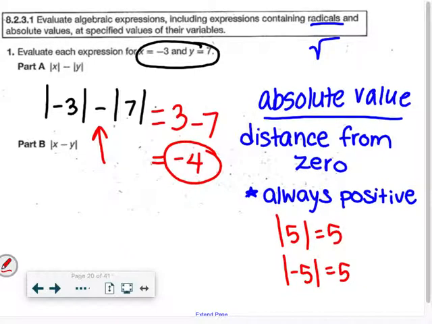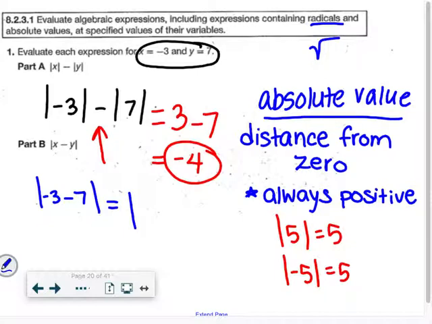So that's our answer. On part B, you may notice that it's one expression in absolute value bars, and that expression is x minus y. So if I plug in negative 3 where the x is and 7 where the y is, it's now one expression.